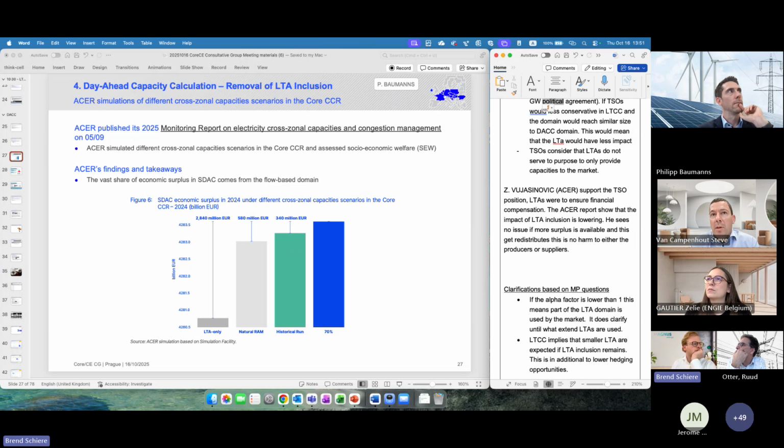Anyhow, this has already been confirmed by the respective regulators. The 4.9 gigawatt will not be used anymore when LTCC goes live. If LTCC doesn't go live, what happens? Do we keep the 4.9, or do we divide by 2?